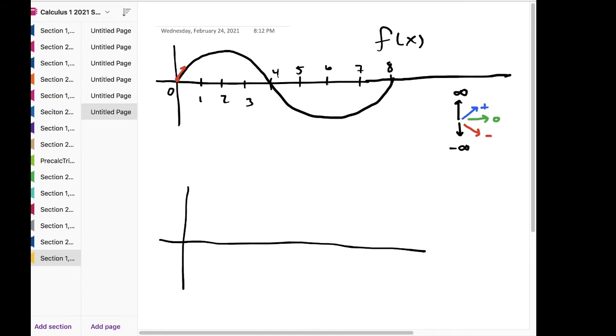I think it gets flat somewhere, right? This is the peak of the mountain, right? And down here is the valley of a mountain. So at these points, we know the derivative is 0.